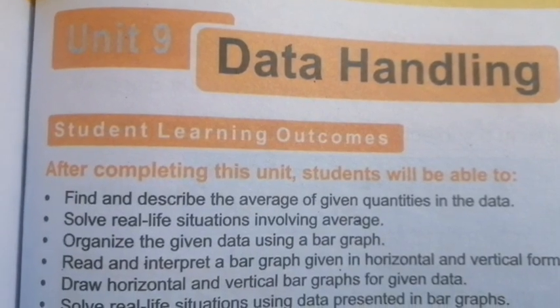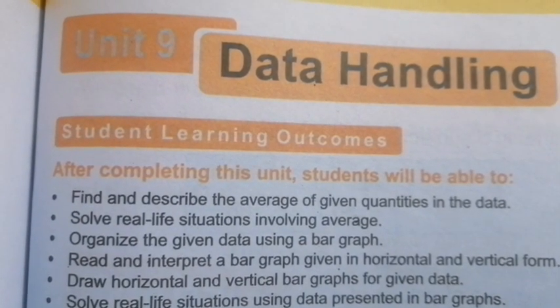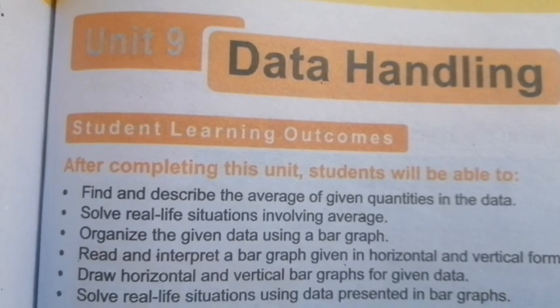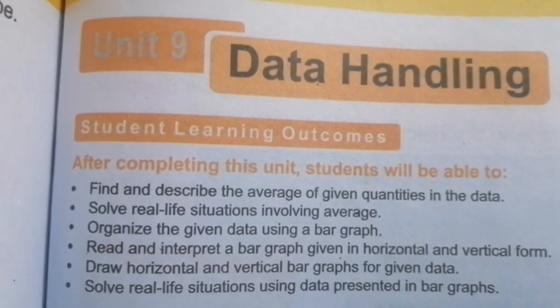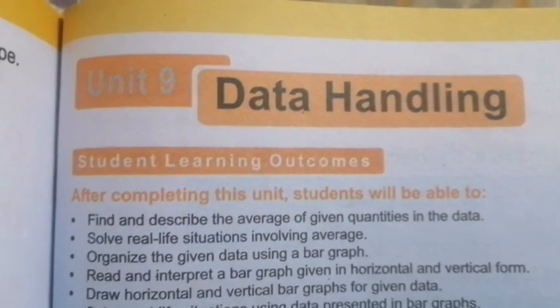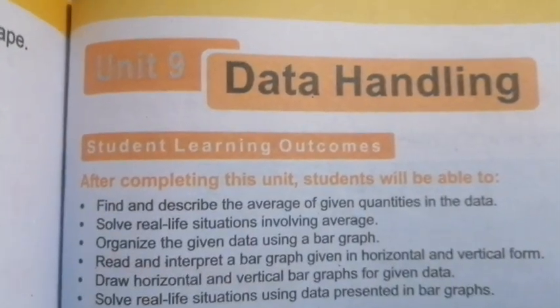In this chapter we will also see the bar graph, how to represent it and how we can write it in a bar graph. So we'll go further and see how.